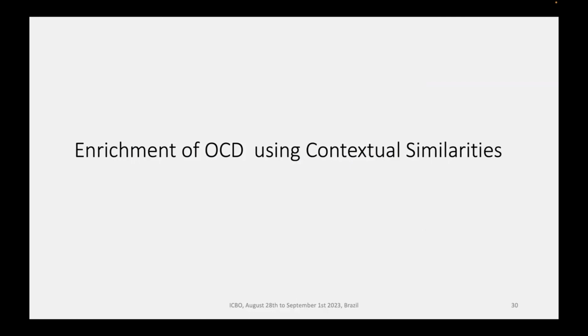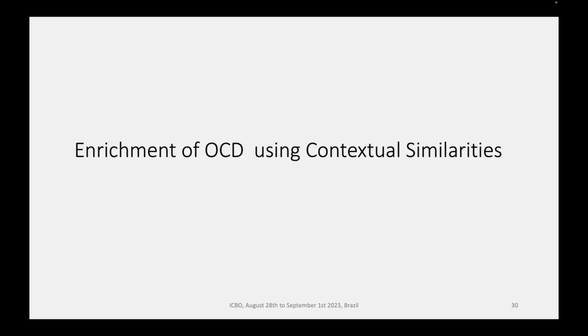So the first one, we enrich OCD concepts using an embedding model. And by embedding, I want to mention that we derived similarity from the BioClinicalBERT model, but we didn't train the model. We just derived the similarity terms using cosine similarity.